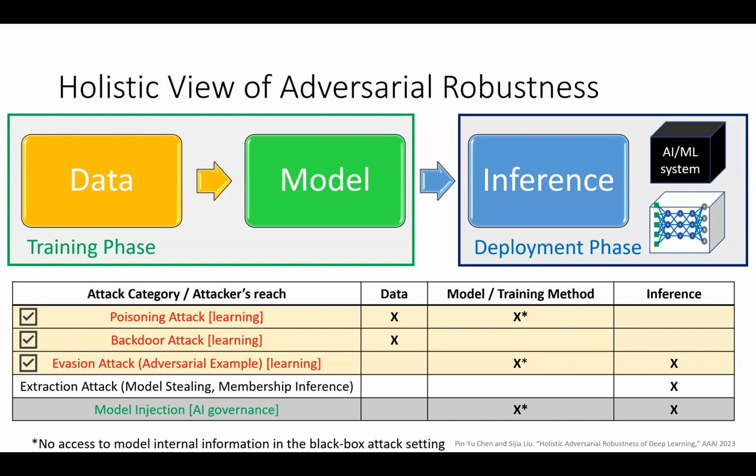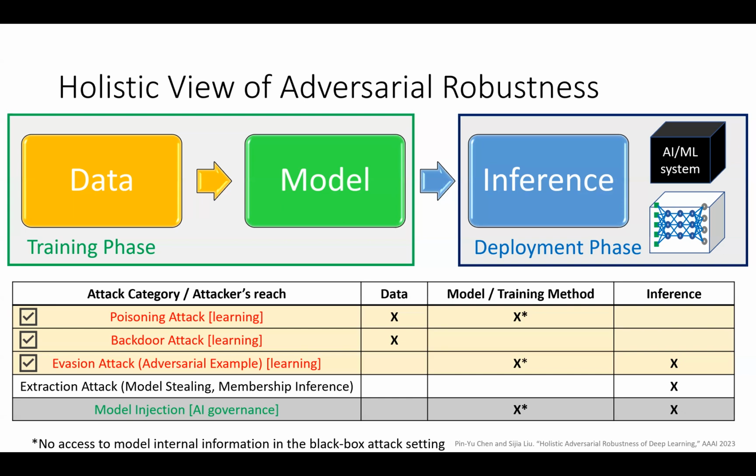On the other hand, for deployment time attacks, like evasion attacks, the attacker does not have the ability to manipulate training data, but may know some partial information or receive some feedback from the model it is attacking, and use that information to successfully find an adversarial example to evade the prediction of the model.